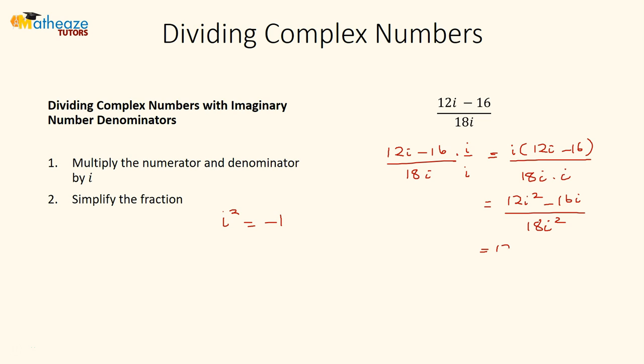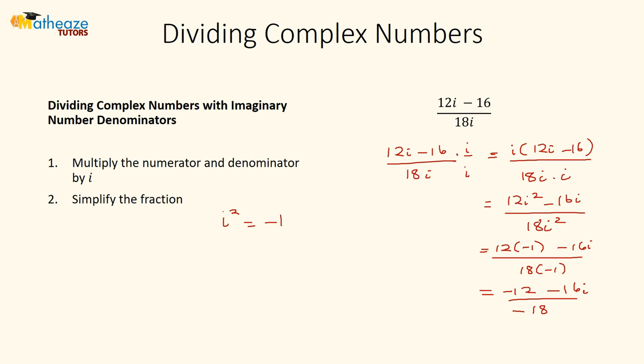So this is going to give us 12 multiplied by -1 minus 16i over 18 multiplied by -1. This is going to give us the 16i over here. -12 minus 16i divided by -18.